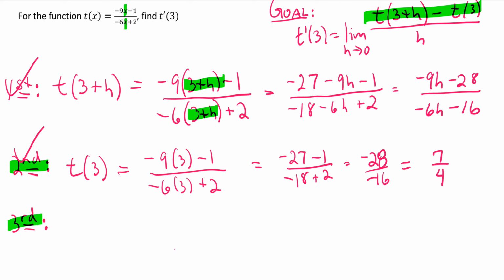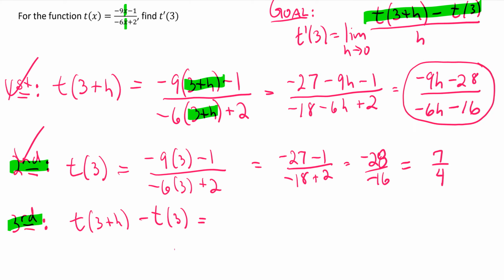And now on to the third step, which is to subtract. In the formula, in the numerator, we have t of 3 plus h minus t of 3. So that's what we want to calculate now, which is the difference of the two things we just figured out in the first two steps.